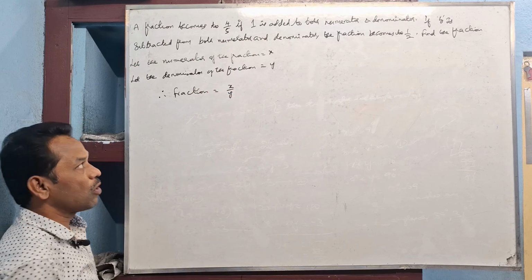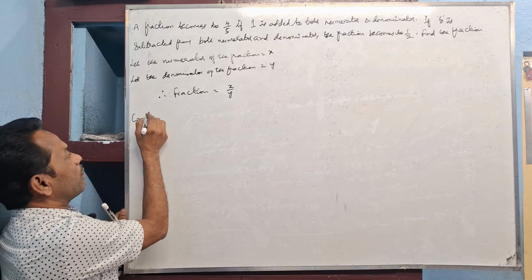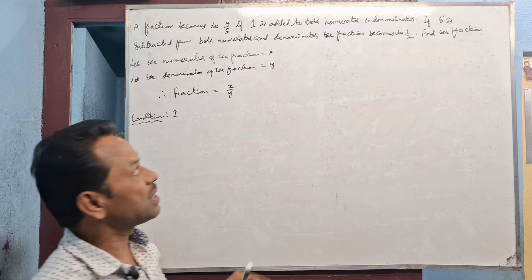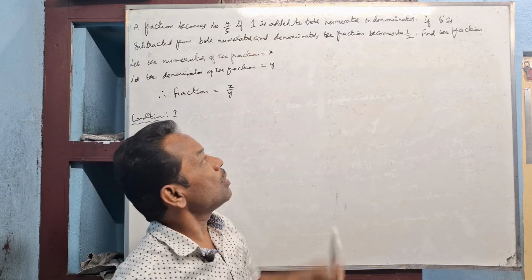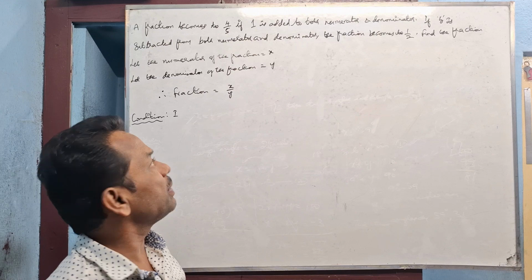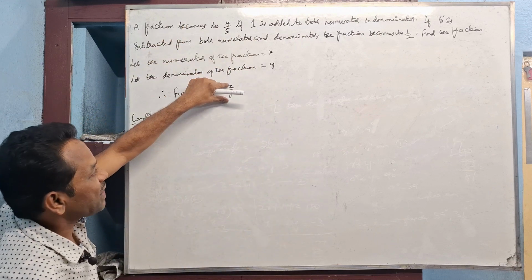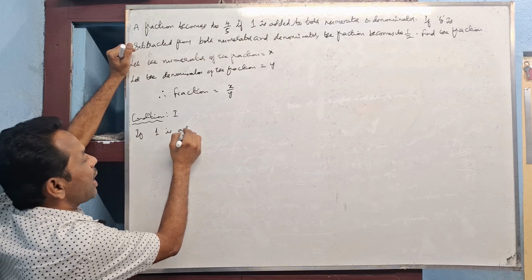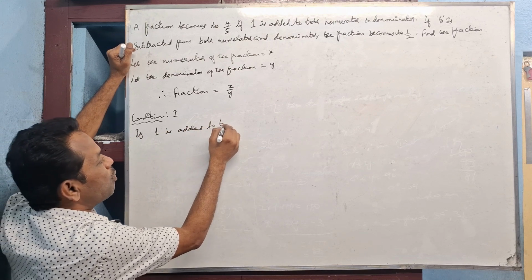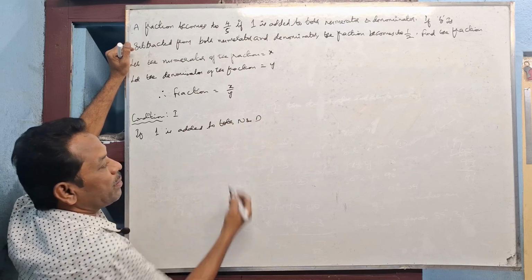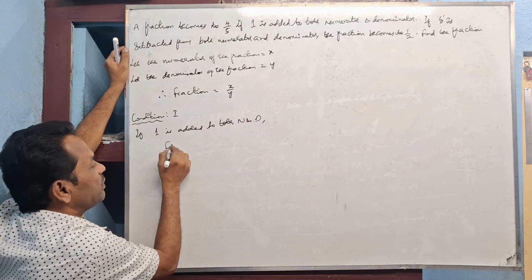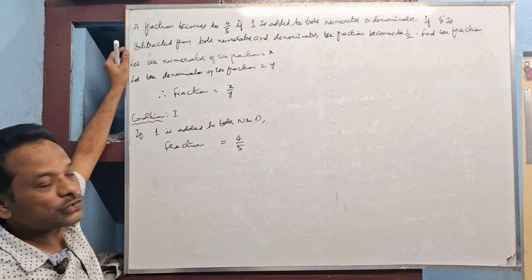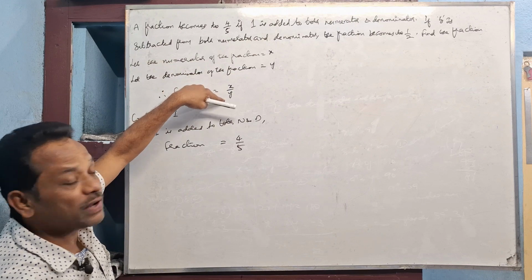Now let us go for condition 1. In the first condition, it's given that if 1 is added to both numerator and denominator, our fraction becomes 4 by 5. So our fraction is x by y.